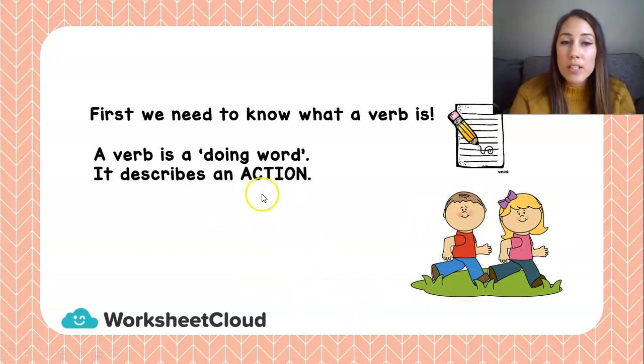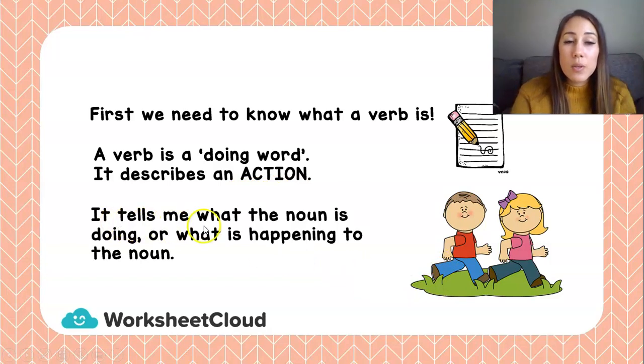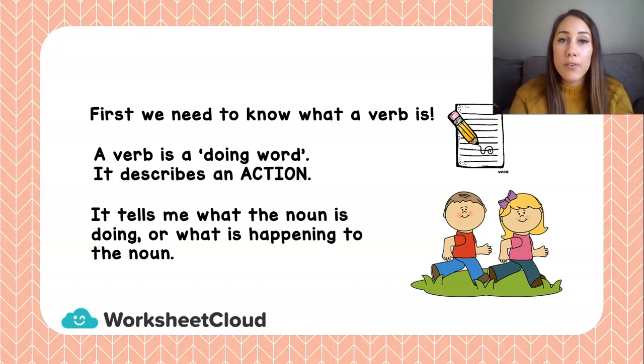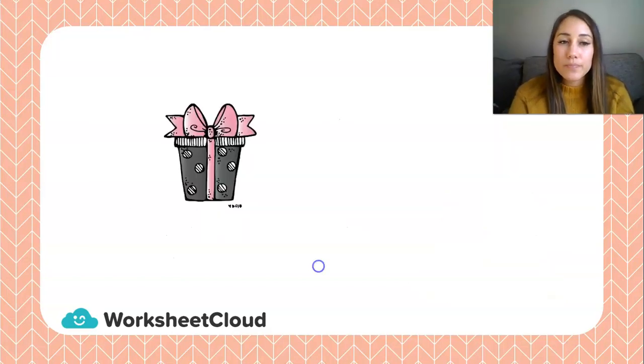So the verb, I need to know what is happening in the picture, the action that is taking place, and they are running. It tells me what the noun is doing or what is busy happening to that noun. So a quick test that you can do to know if something is a verb is you can ask yourself, can I do it? And if you can jump up and do it, then it means it is a verb.